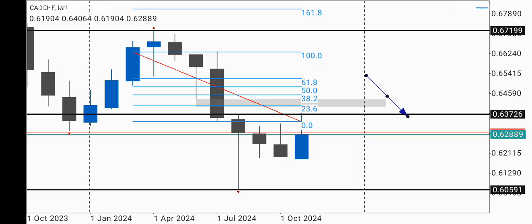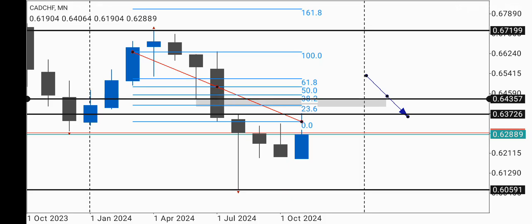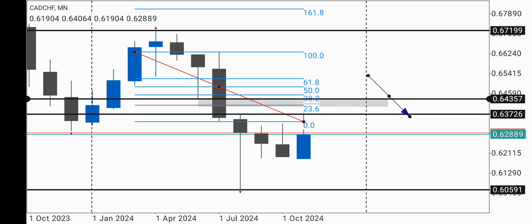I always like, if I'm taking a fair value gap, I prefer maybe seeing it at 50%.